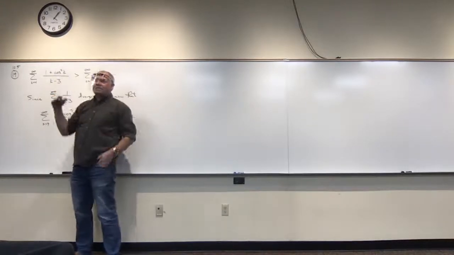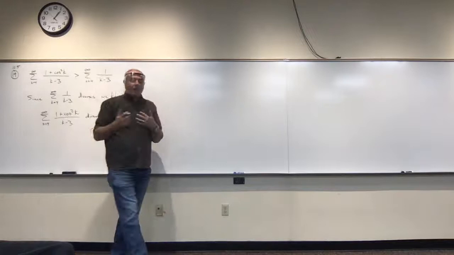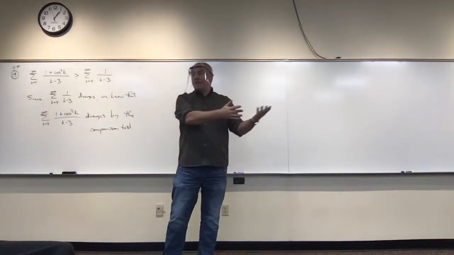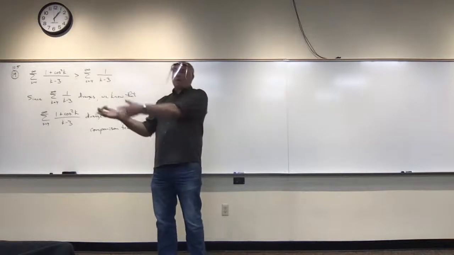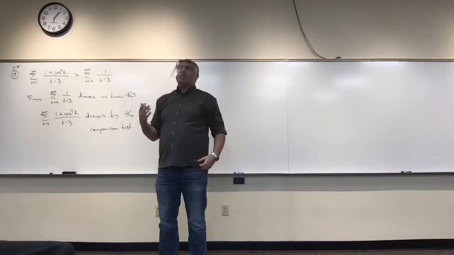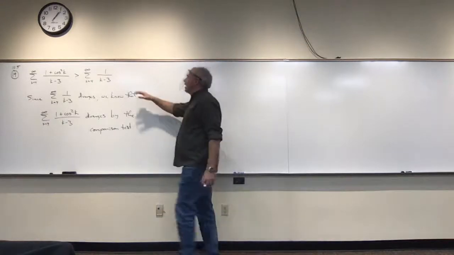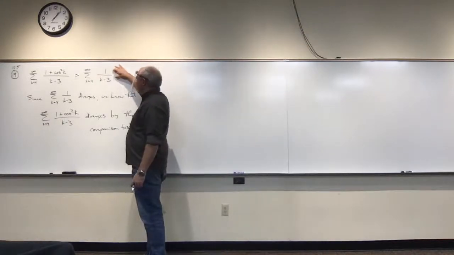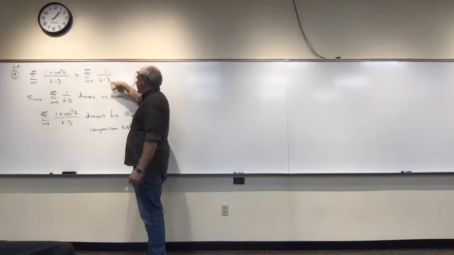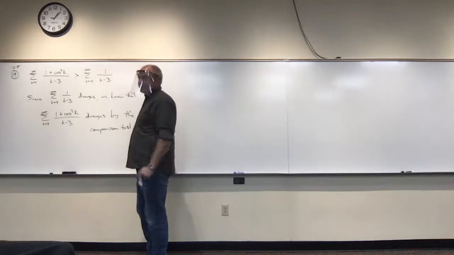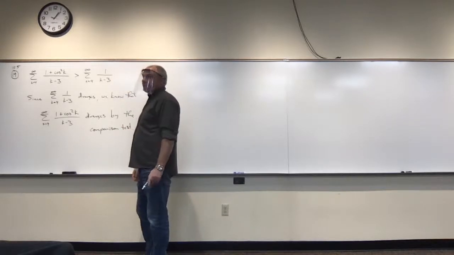So comparison tests are really good when you're like, well, I know that this thing is bigger than 1, or it's smaller than 3. They're not so great if you're just trying to do, like I wouldn't use a comparison test if I were trying to prove that this is sort of like 1 over k. I would just do a limit comparison test. Did you have a question? Not for this one. Okay.